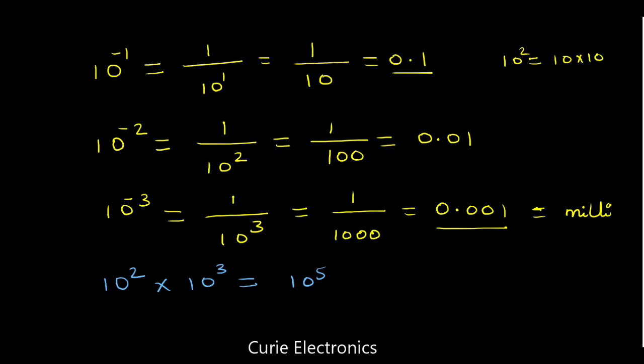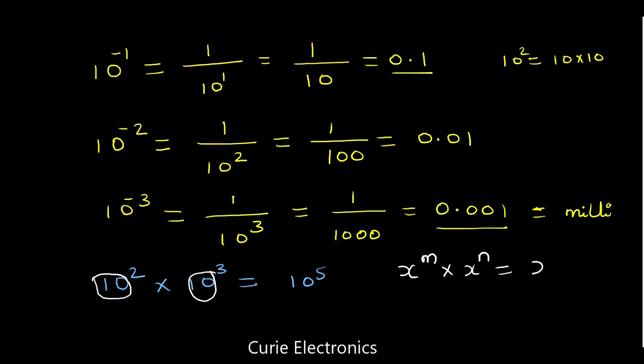See here, 10 is known as the base, and 2 and 3 are known as the power. So we have an equation: x to the power m multiplied by x to the power n. Here powers are m and n and x is the base. The base is the same.